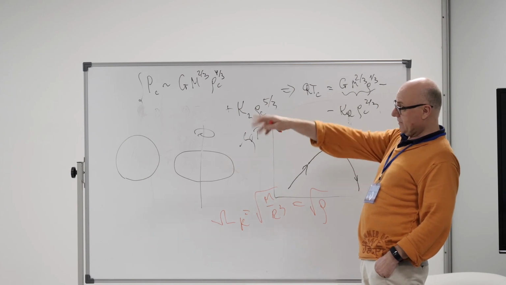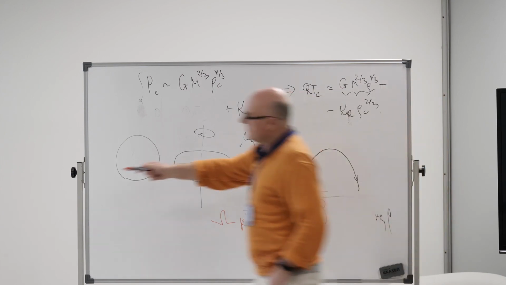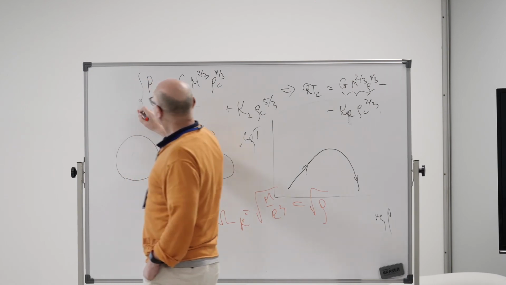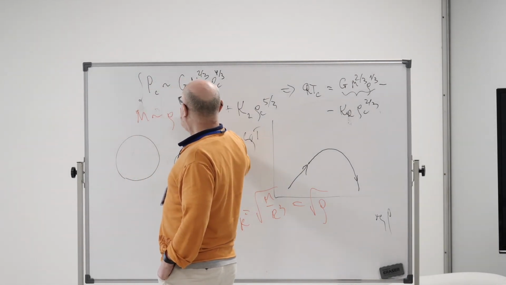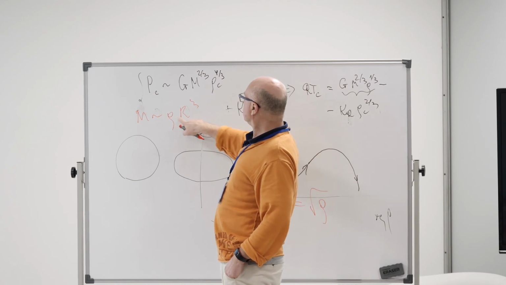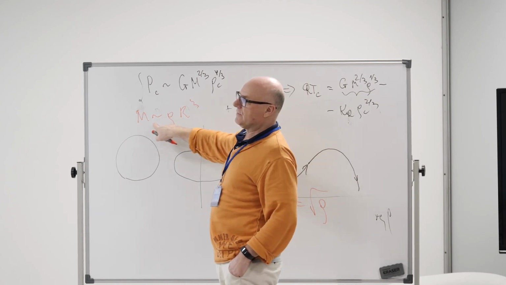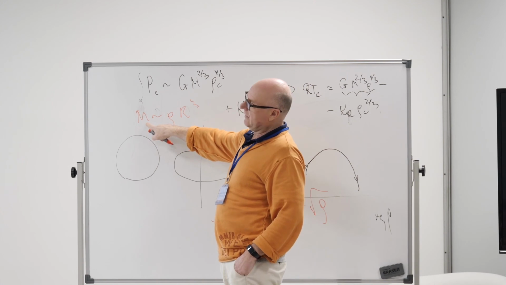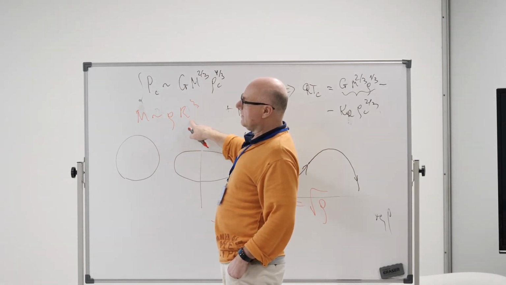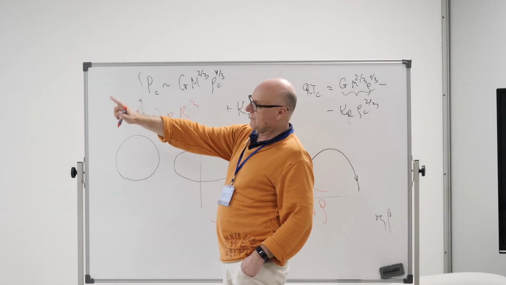So density must increase, either at the center or elsewhere. But if the mass is constant, density is M over R cubed, and if density increases, the radius must decrease for constant mass. And a decrease in radius means an increase in temperature.